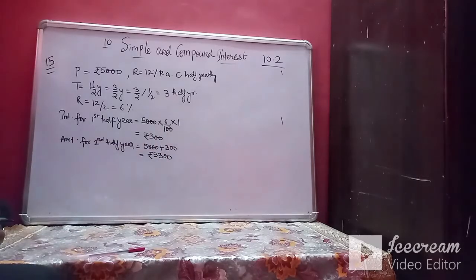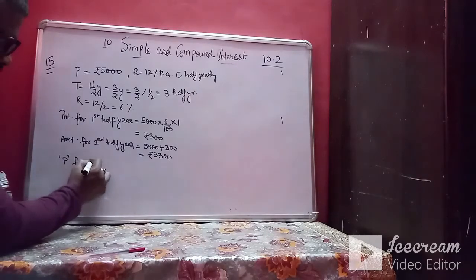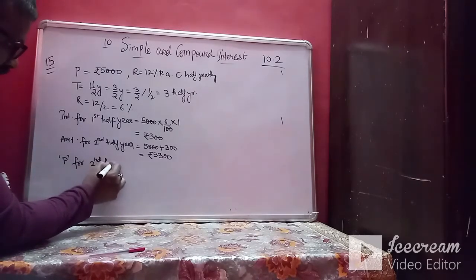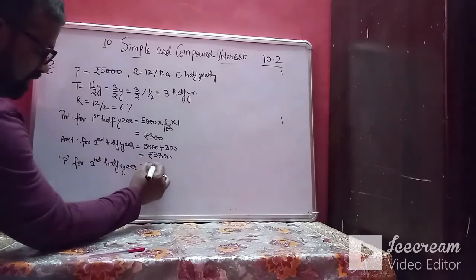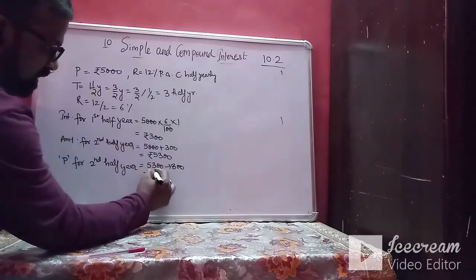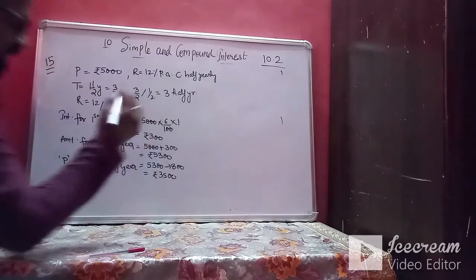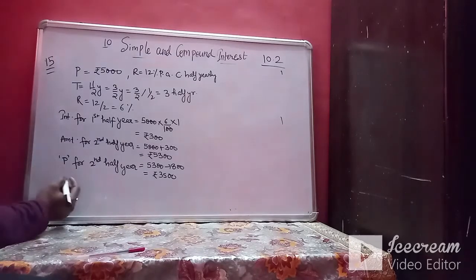But he is paying 1800 back after the half year. So what will be the P for the second half year? P for the second half year will be 5300 minus 1800 that he is returning, that is 3500. So this will be the P for the second half year.